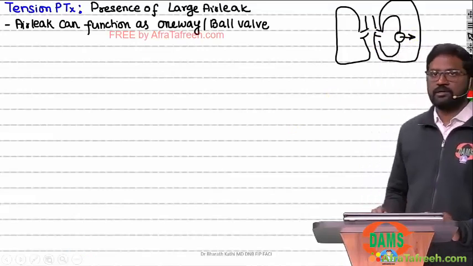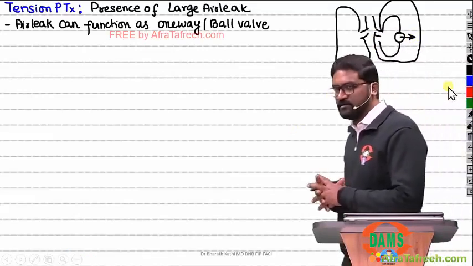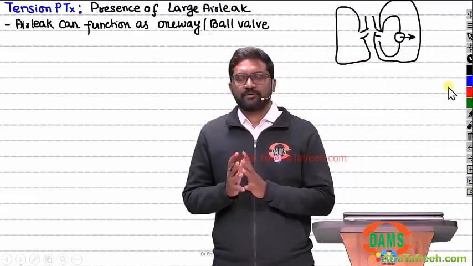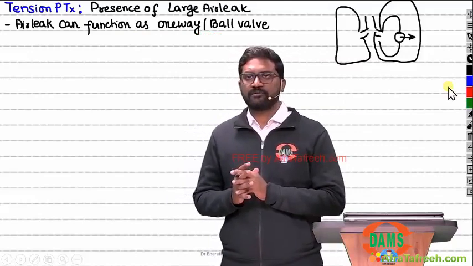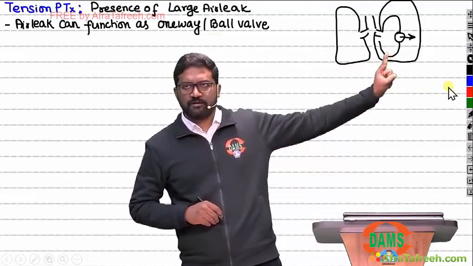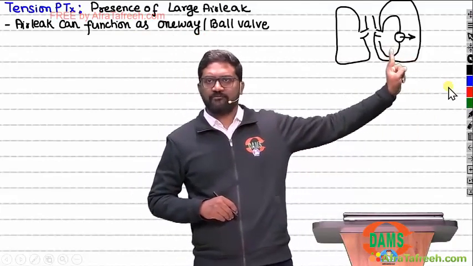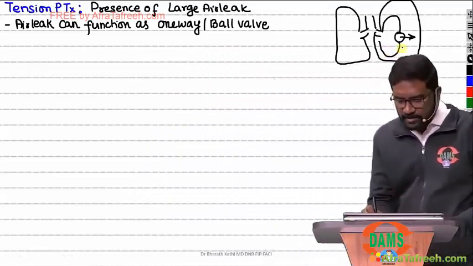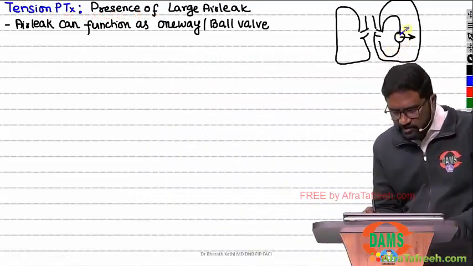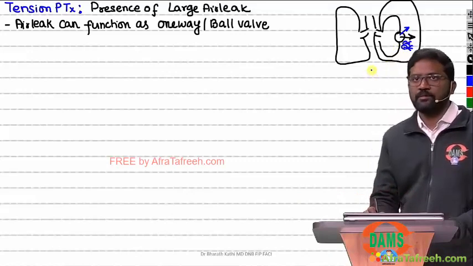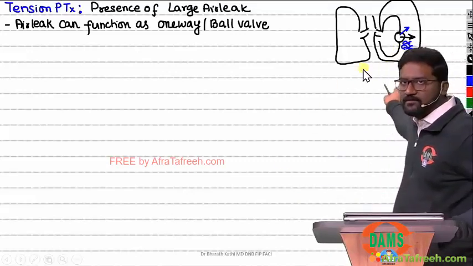Now nobody knows the precise mechanism behind tension pneumothorax properly. So they thought that the reason for such a sudden presentation was this air leak functioning like a one-way valve mechanism. So what is meant by one-way valve mechanism? During inspiration, all the air will go into pleural space. During expiration, nothing will come out.